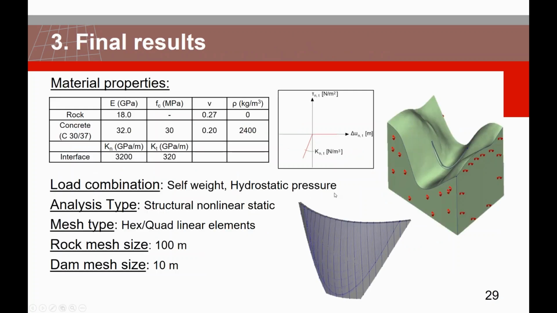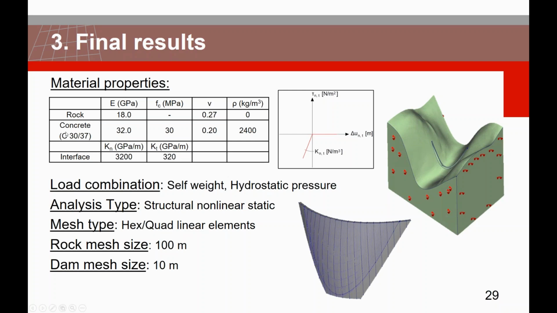And before going to the iterations, it's nice to see some of the common properties, because as you can imagine, in order to have comparable results, we have to have common properties. For example, here you can see the linear material properties of our models.